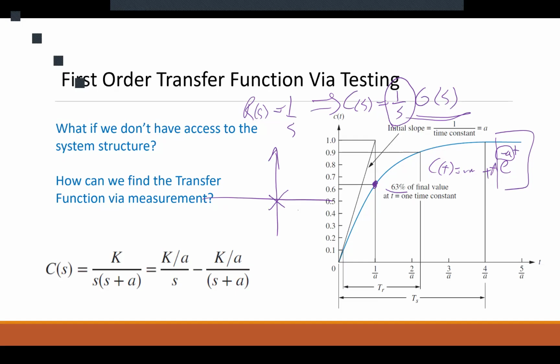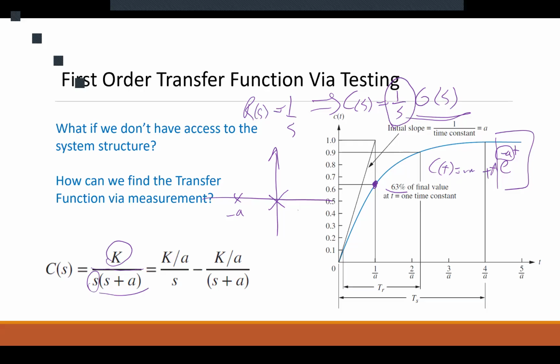Are we good? So I am going to have a pole at -a. Therefore, my C(s) is going to have a constant in the numerator, the input pole, and that pole at -a, which determines the Laplace of C(s) to be K over s times (s plus a).